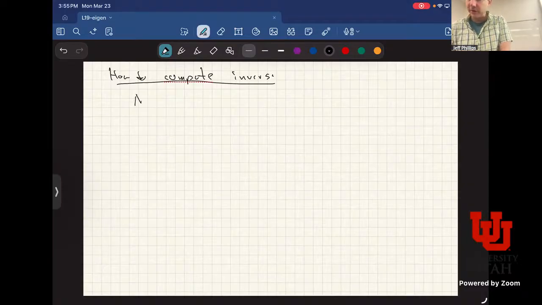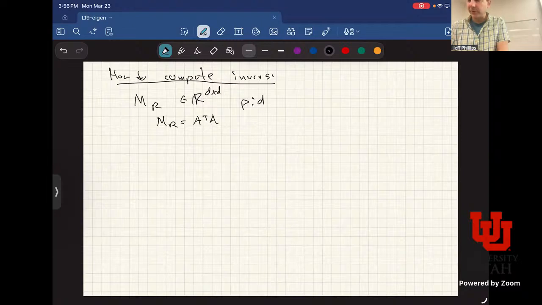In particular, for MR, I want to say that this is in d by d, and it's going to be positive definite. Okay, and why is this important? MR equals A transpose A.